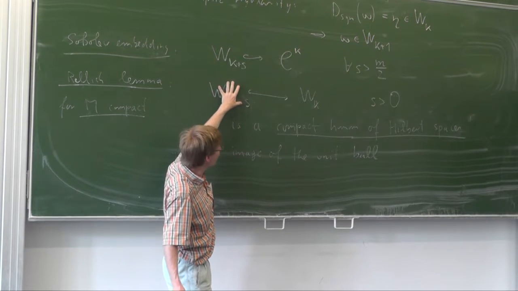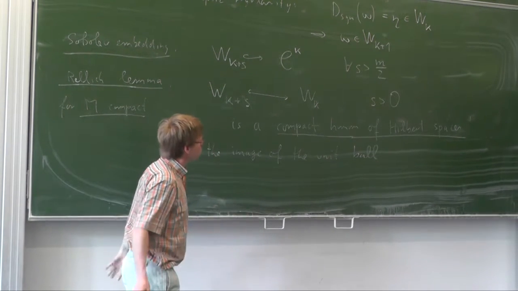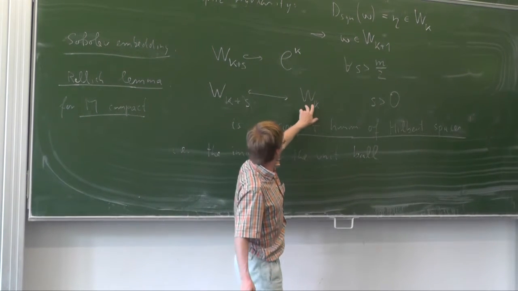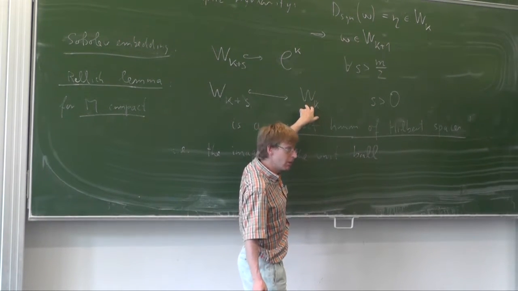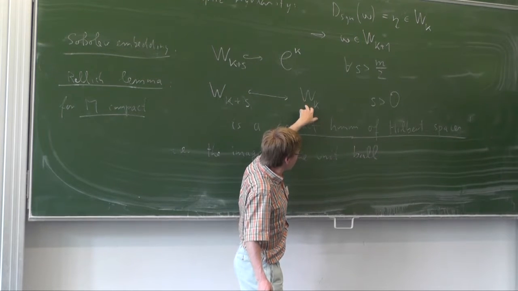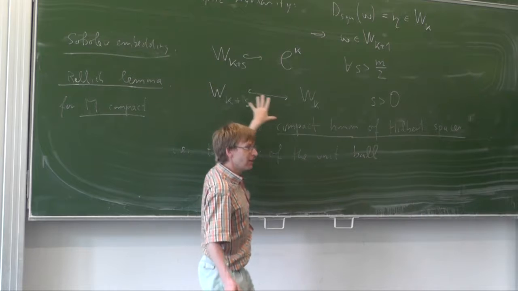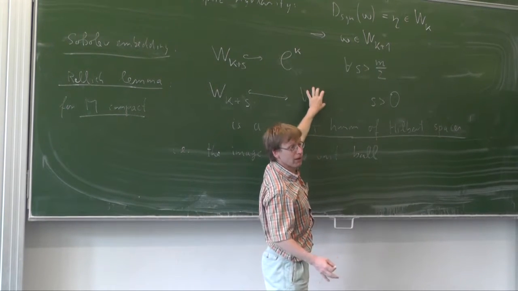It's finite dimensional. Its image is a subset of this other Hilbert space, a different norm, and it turns out that it's pre-compact, its closure is compact. So something that is highly non-compact is squeezed down to something compact.